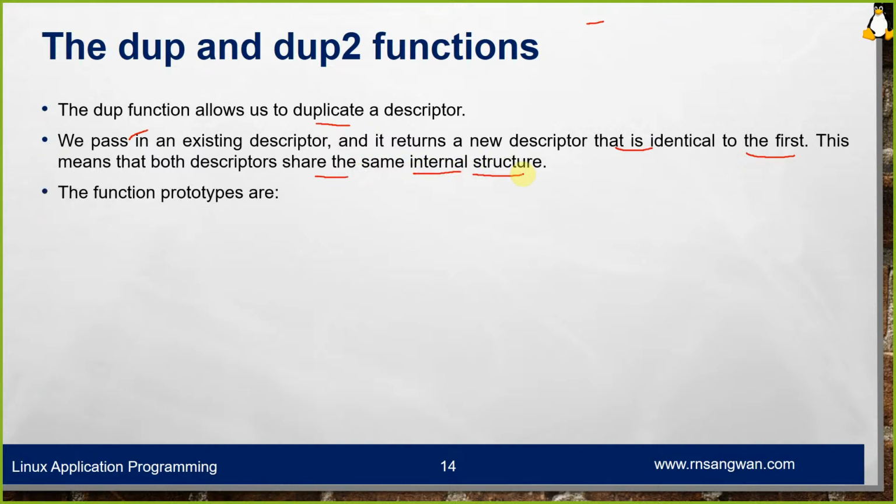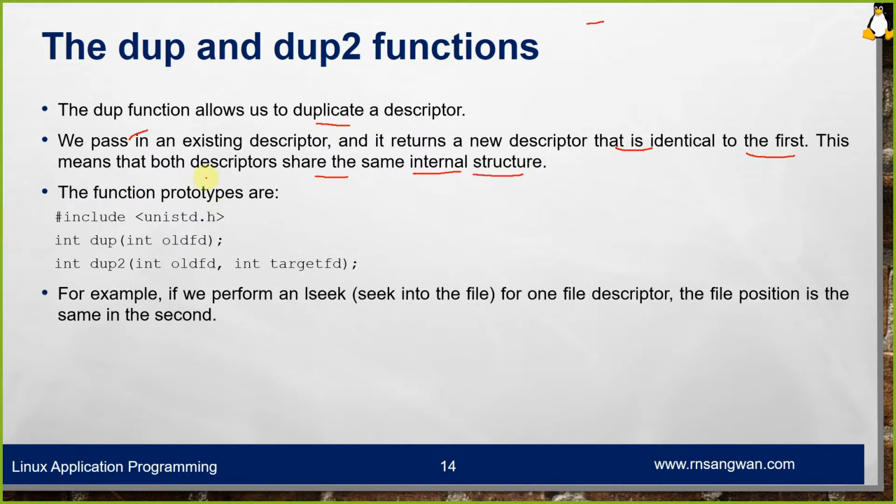The function prototypes for dup and dup2 are, first of all, you have to include the file unistd, then int dup and int dup2.